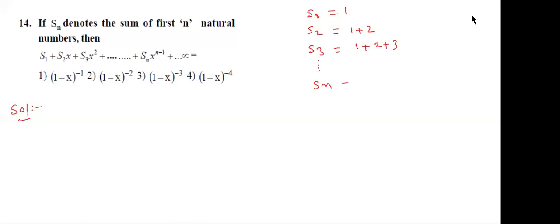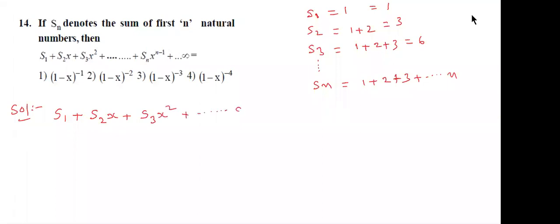Sn means the sum of n natural numbers. Okay, do you understand, students? Now what is the S1 value? 1. S2 value 3. S3 value 6. Observe this: S1 plus S2x plus S3x square plus and so on, infinite.